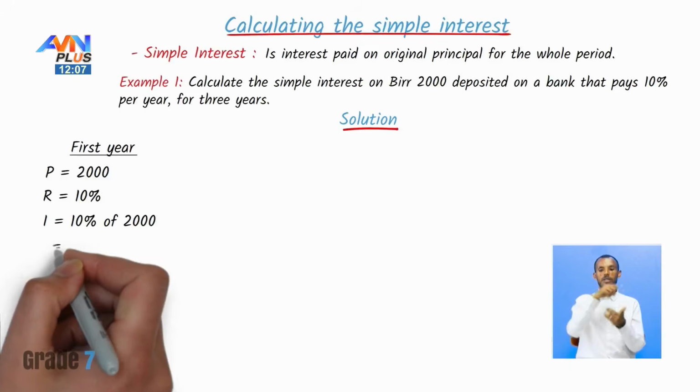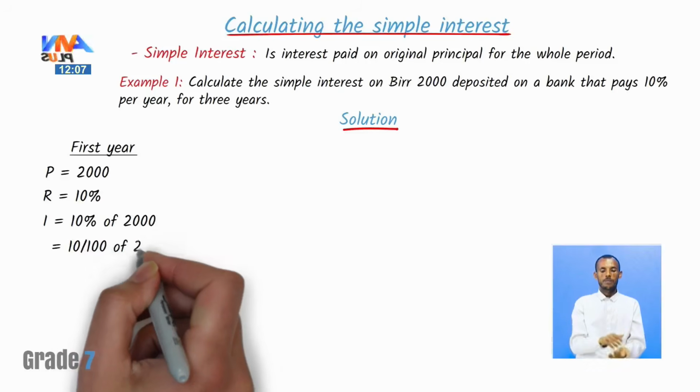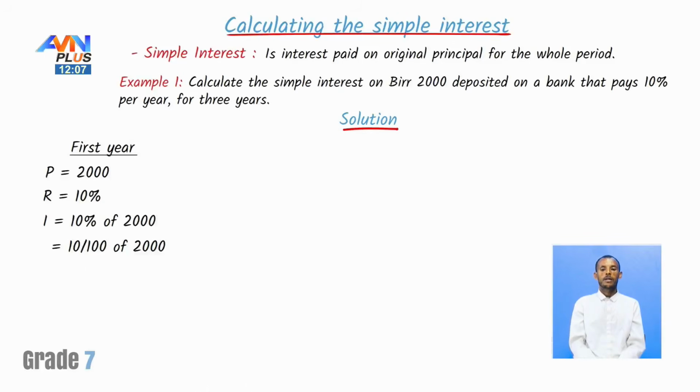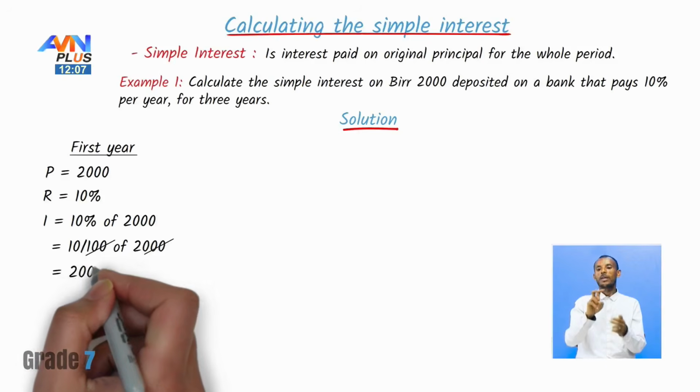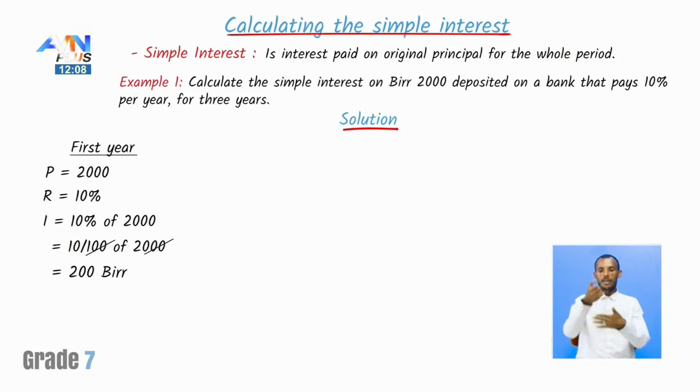Here, 10% means 10 over 100 times 2,000. This 0 cancels out. 20 times 10 is 200. So, the interest for the first year will be 200.